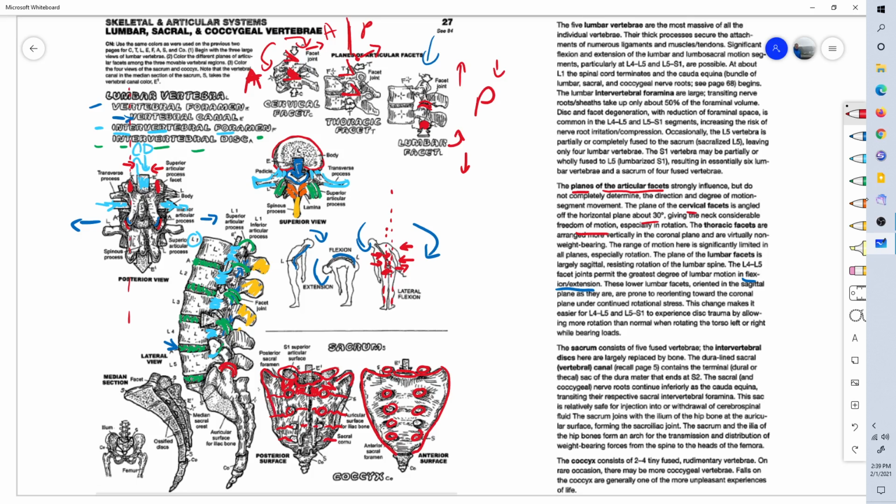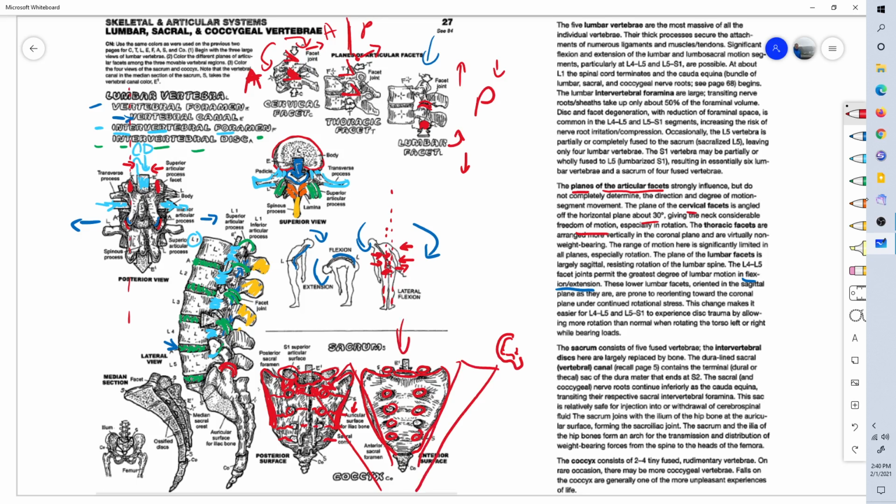Sacroiliac joint here, or the articulating surface for the sacroiliac joint, where the ilium comes and articulates. The auricular surface, they call it. Why? Auricle means ear. It's got the shape kind of of an ear, right? And with this triangular shape, you can see how the ilium, which is out here, forms kind of a keystone effect.